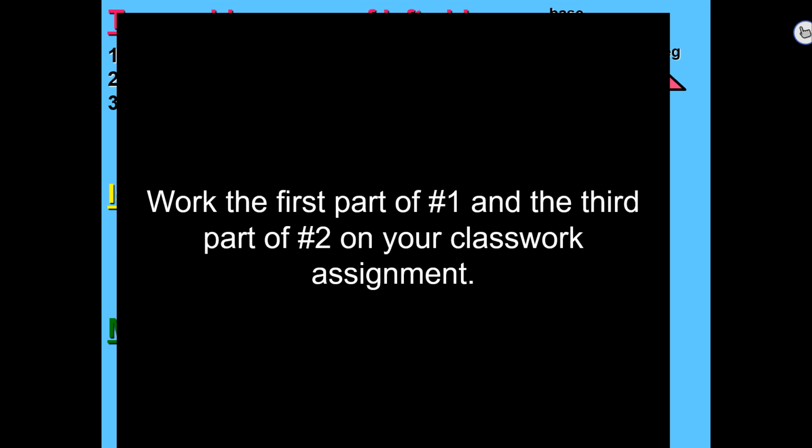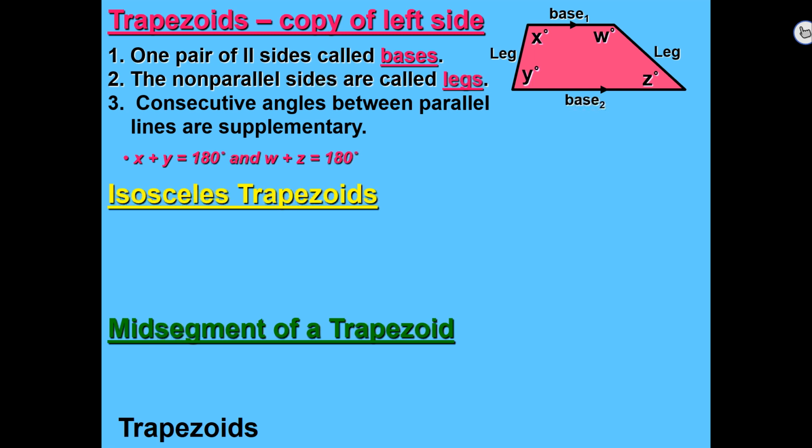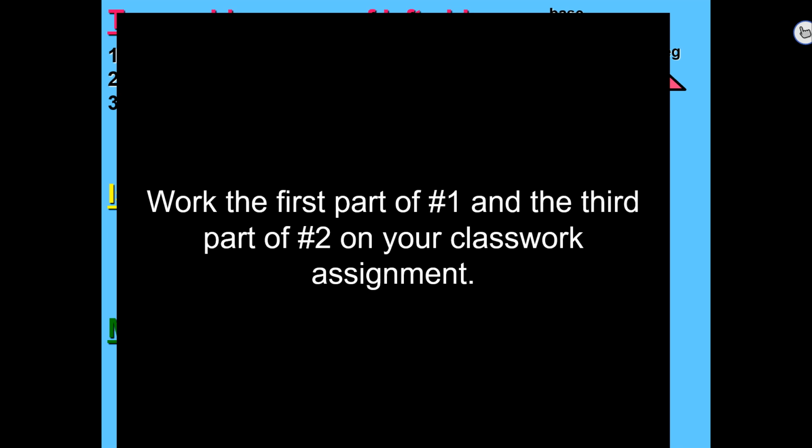But before we do that, I want you to use those rules that we just discussed, so these ones that we just wrote down, to work on the first part of number 1 and the third part of number 2 on that classwork assignment that you have in front of you there. So work on the first part of number 1 and the third part of number 2, using what we have just discussed.